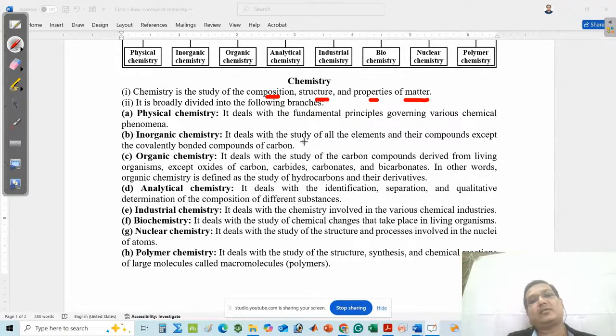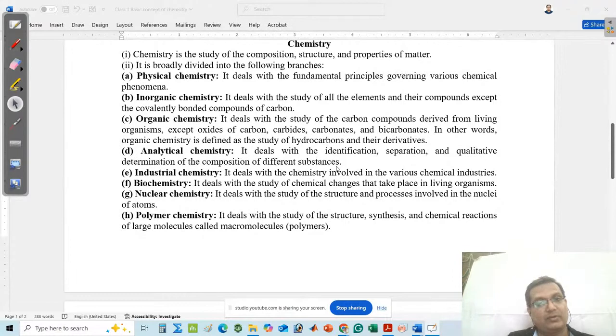For knowing the composition of baking soda, structure of baking soda, and properties of baking soda, we have to read chemistry. With the help of chemistry, you can easily know what is the composition of baking soda, what is the structure of baking soda, and what are the properties of baking soda. This is the definition of chemistry. Next, I will move to the different branches of chemistry. What are the branches of chemistry?